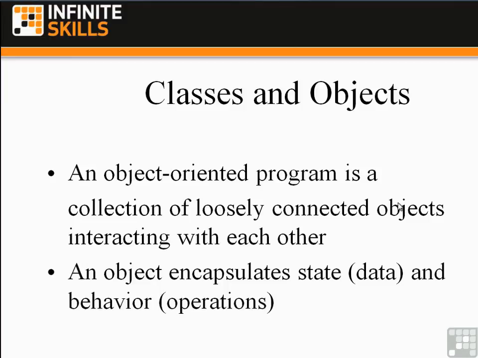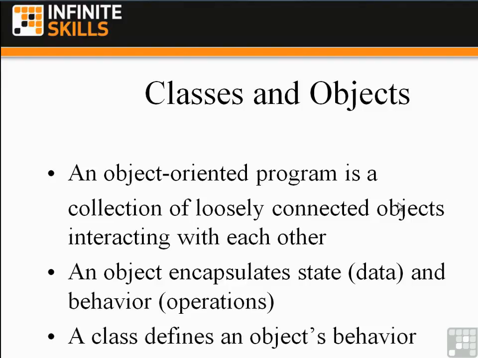An object, or a class, encapsulates state and behavior. When we talk about state, we're talking about data, and when we talk about behavior, we're talking about the operations that that object can perform using either the data that's inside the object or outside data as well. A class defines an object's behaviors.